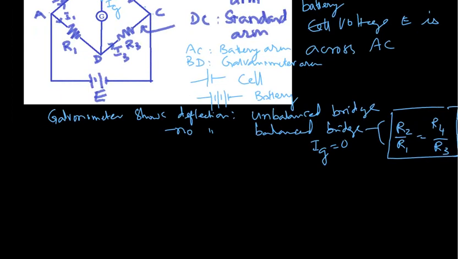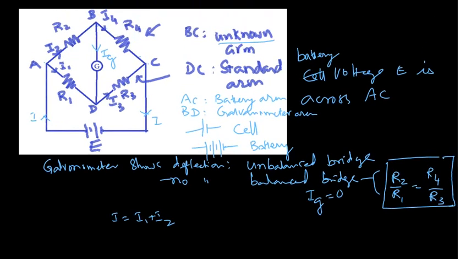So here is I. I gets split, I is equal to I1 plus I2, and whatever current finally comes back to the battery. So at this junction, this I1 comes this side, and no current is going this side.